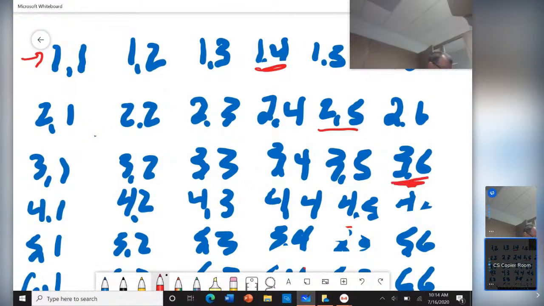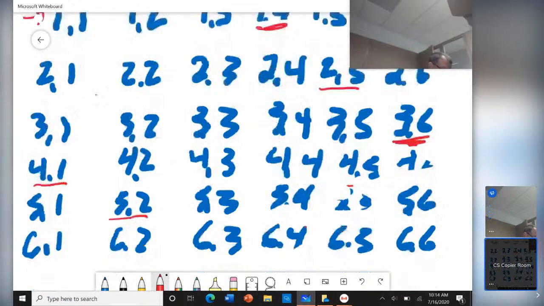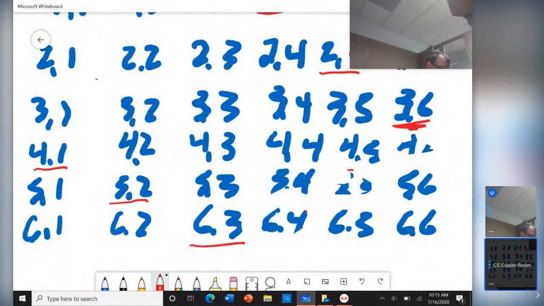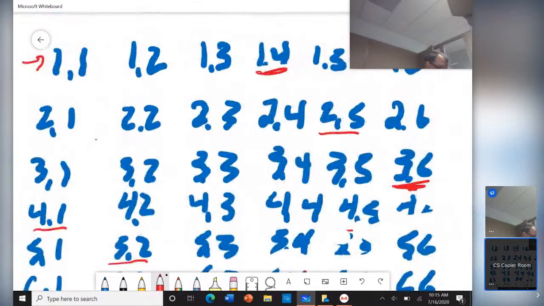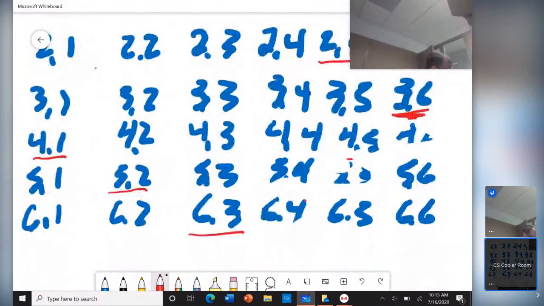Right here. Right there. Right there. And right there. So that's going to be 1, 2, 3, 4, 5, 6. So it's going to be 6 out of 36. And we'll reduce that, it's going to be 1 over 6.